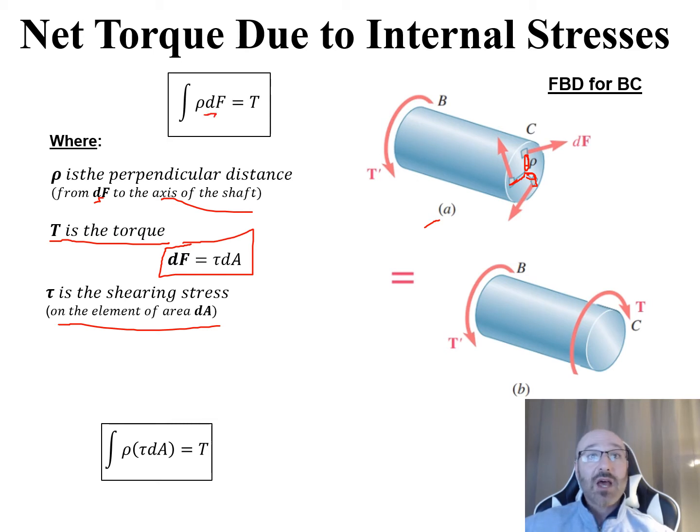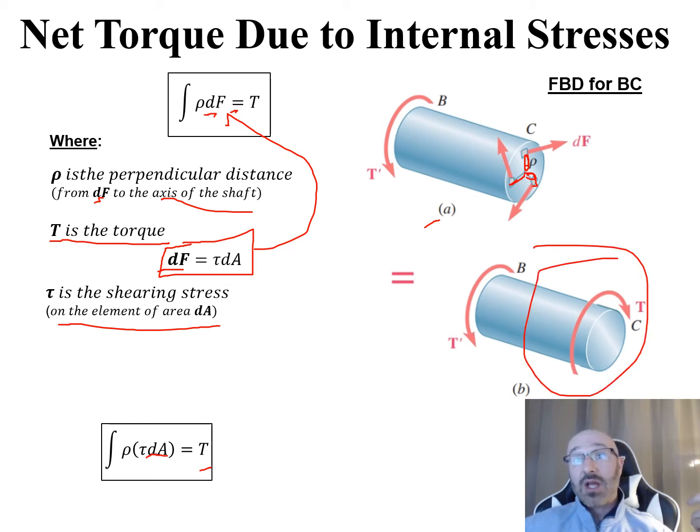So we can plug this tau dA in for dF in that equation up here. Then we have the integral of this perpendicular distance rho times the internal shearing stress, tau, times that area, dA, is equal to T, our torque. That's how we sum up all of those little dF areas based upon the shearing stress in order to get the torque we're seeing at the end at C here.